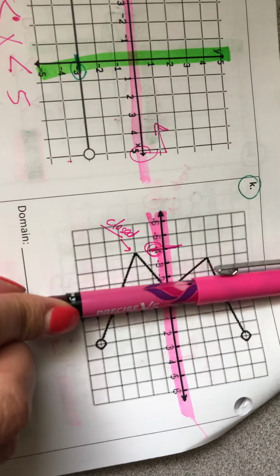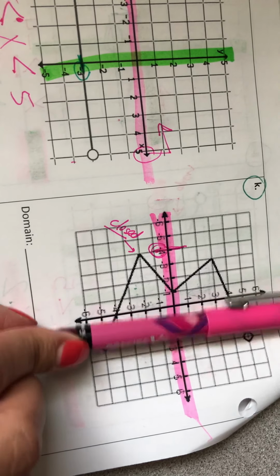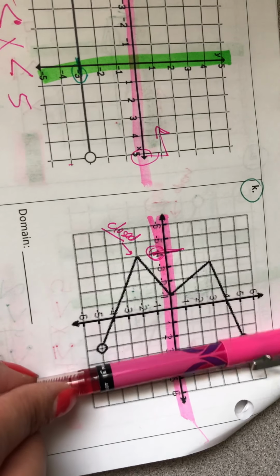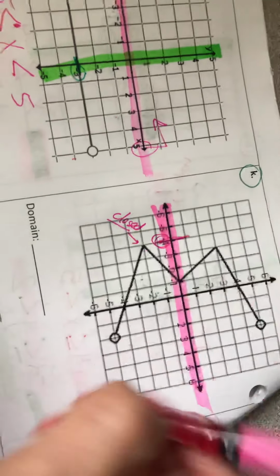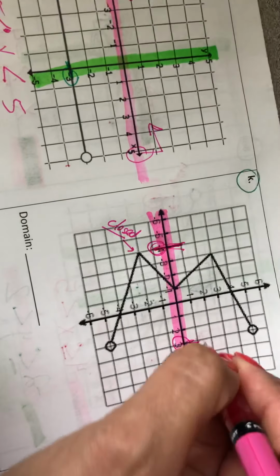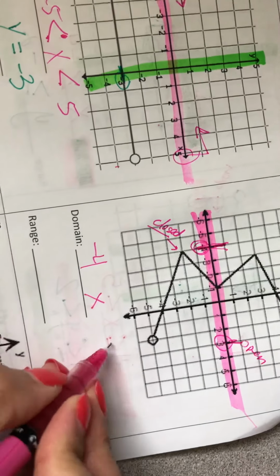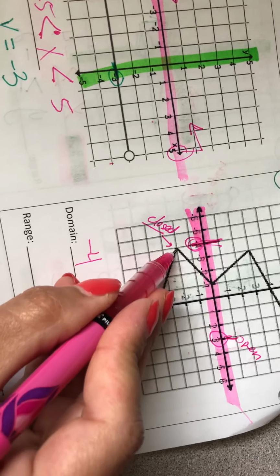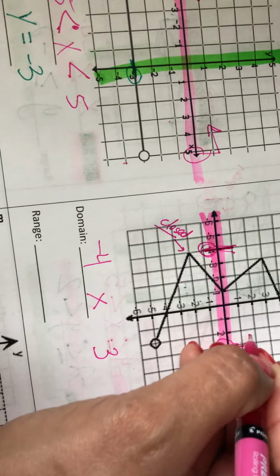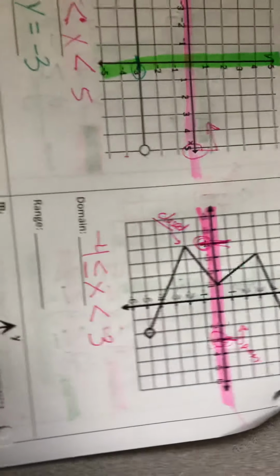If I move it all the way down on my domain, see here there's one endpoint, but it keeps going. There's more here on the top, right? So it keeps going. So the rightmost point would be right there at 3. Okay, so my domain can include anywhere from -4 to 3. This is an open circle. So then x would be from -4 to 3. -4 would be included because a solid line is the same thing as a closed circle. And 3 would not be included because it's open. So it'll be less than 3, but greater than or equal to -4.